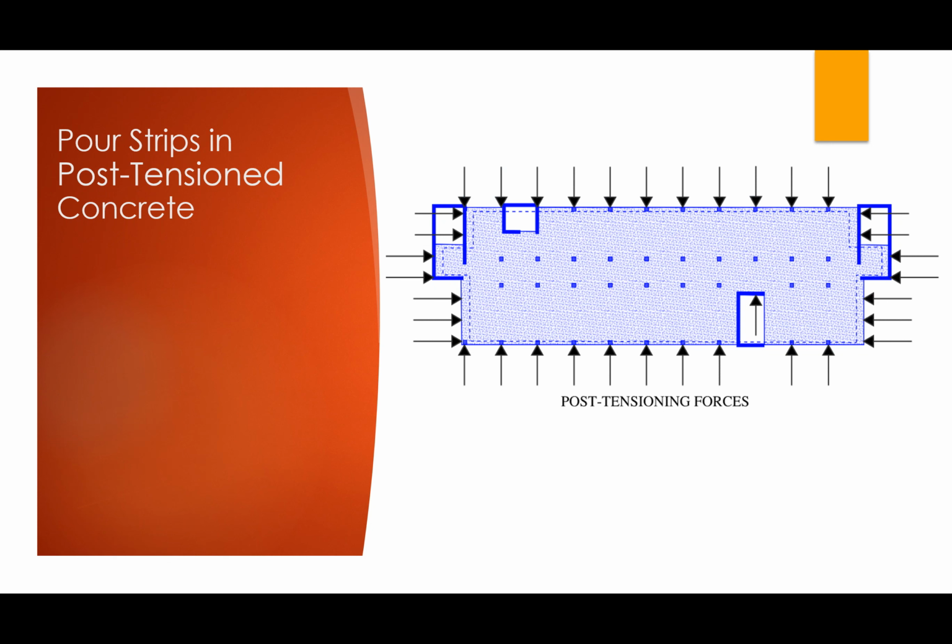So for a typical hotel structure such as this, the forces you're inducing into the slab are usually somewhere around 15 to maybe 18,000 pounds per linear foot along these slab edges, right? And that's achieved just by running steel cables through the slab. You pull on them at the ends in order to tension those cables, then you anchor them to the slab, creating the compressive force. So very, very high forces running through this building.